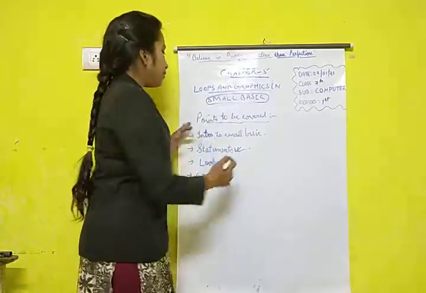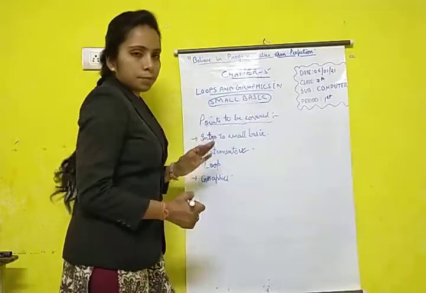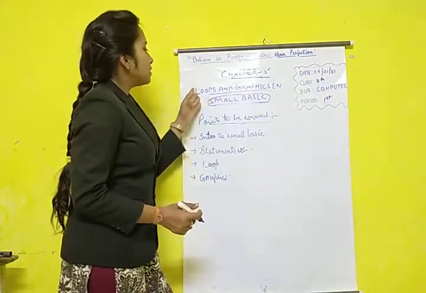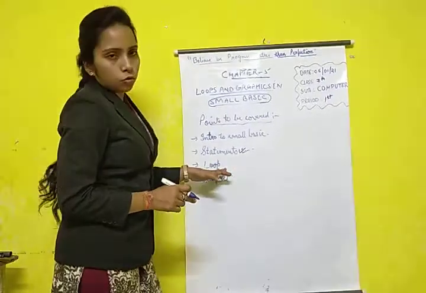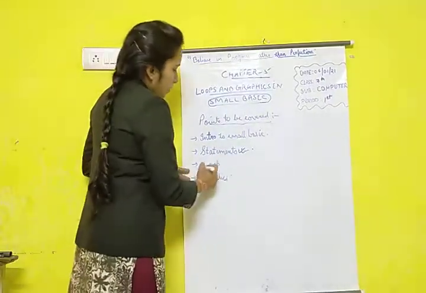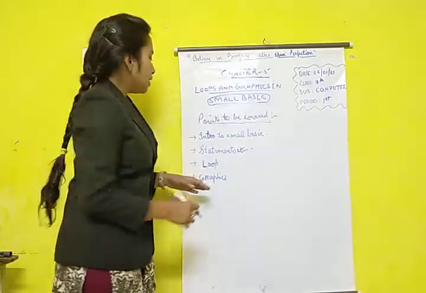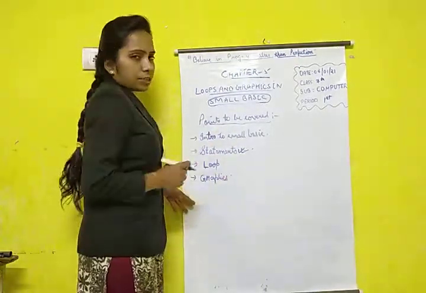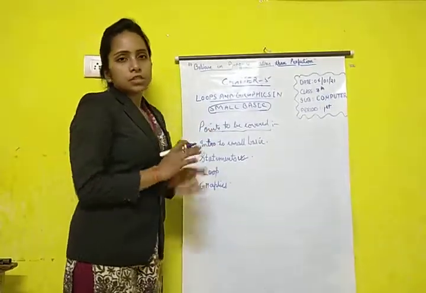Then we will go for loop. As our chapter says, we have to study loop and graphic. We are having different types of loops in Small Basic. We will study all. Then we will go for graphics. These are the points which we have to cover in this chapter.